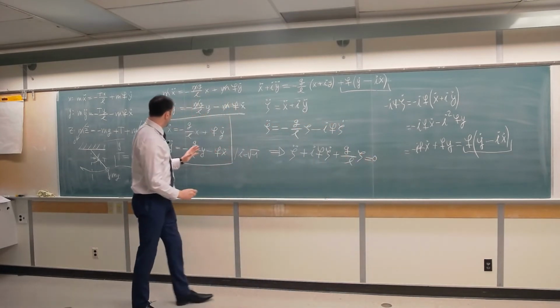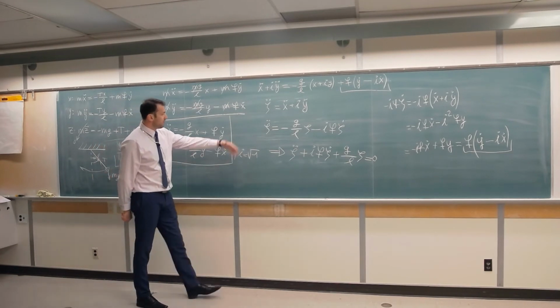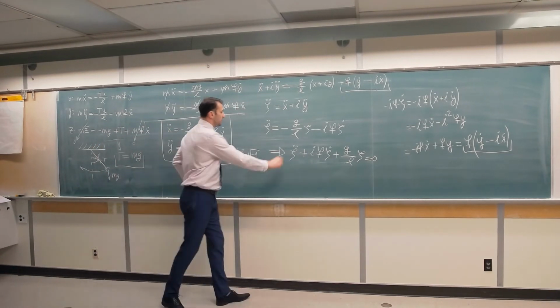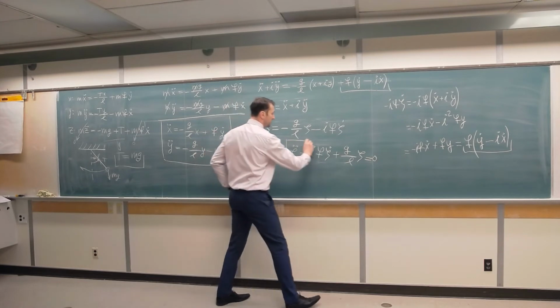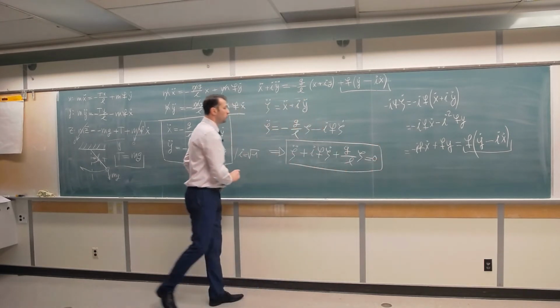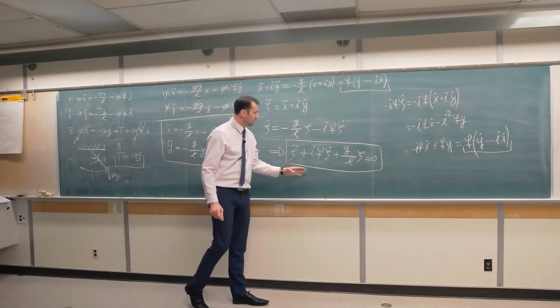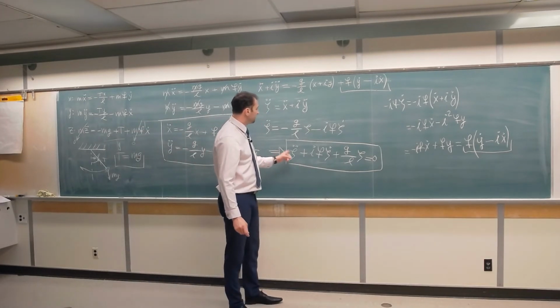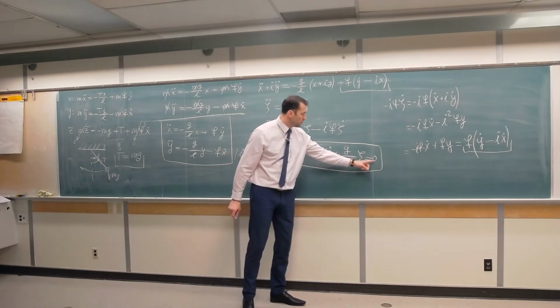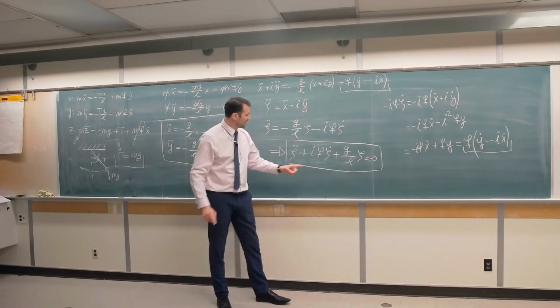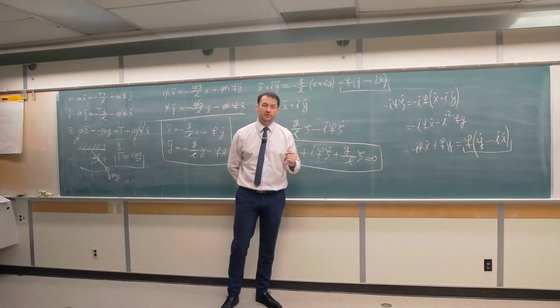So now, using these smart manipulations, we reduced a system of two equations to one second order differential equation that is homogeneous, but it has complex coefficients.